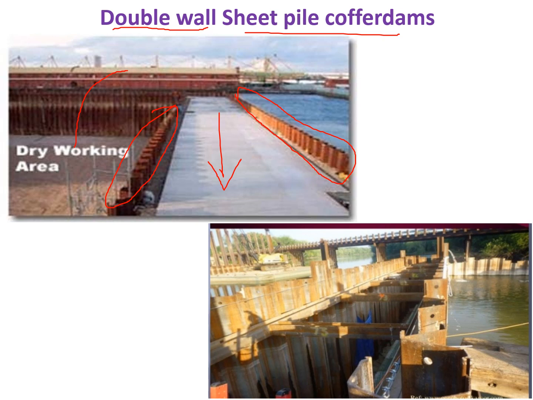Then this area where you want to work is considered a dry working area after pumping out the water. Here also you can see a similar arrangement, but with two layers of sheet piles filled with certain material, so it is stronger as compared to the single wall cofferdam.